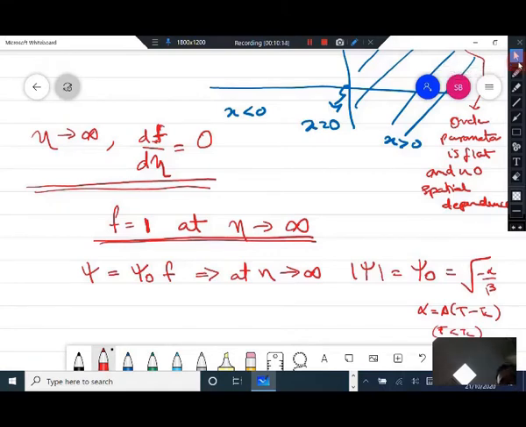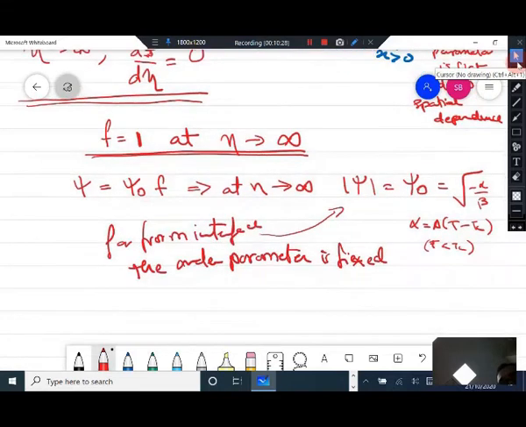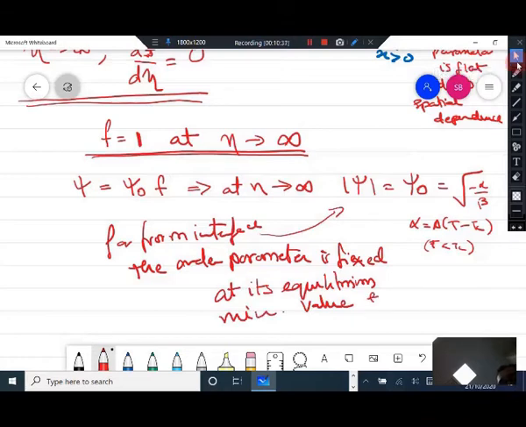So far away from the interface, the order parameter is fixed at its equilibrium value, the minimum value, that is psi naught square is minus alpha by beta.